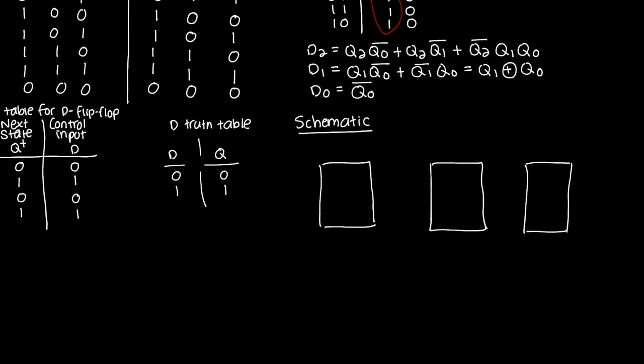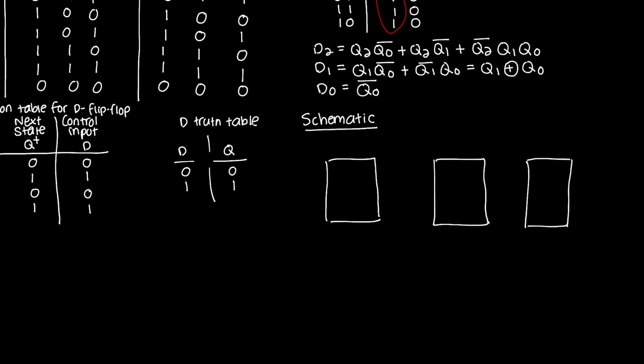But here's where things start to get different from how they were with ripple counters. So the first thing to note is that for D flip-flops, and for synchronous counters in general, actually, it doesn't matter if I have positive edge triggering or negative edge triggering. The synchronous counter simply doesn't care.